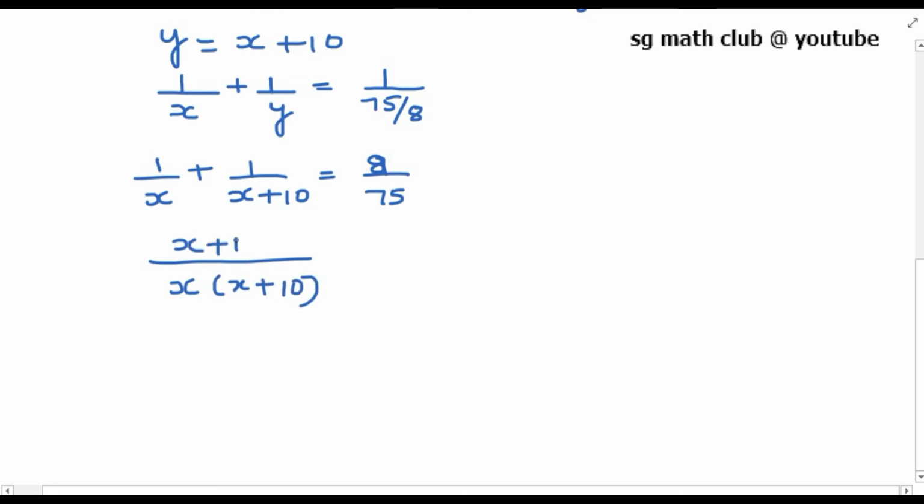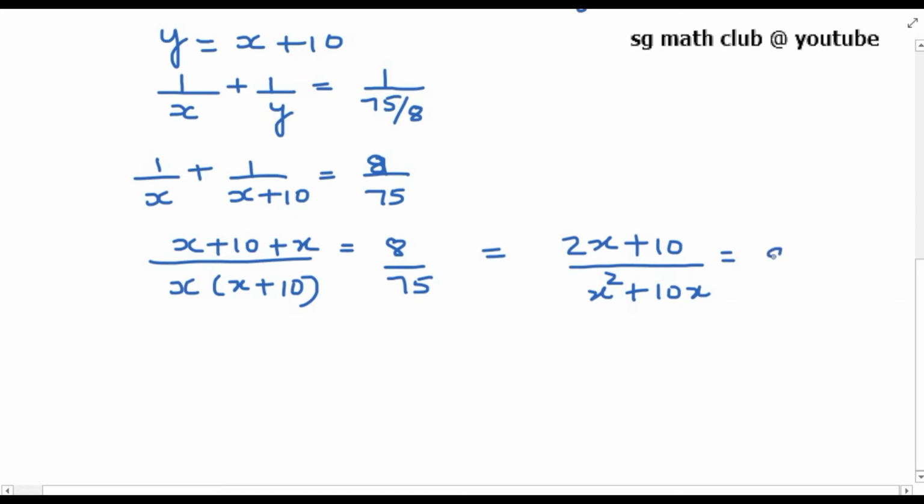So X plus 10 plus X, which is 2X plus 10, over X square plus 10X equal to 8 by 75. We have simplified. Now we will cross multiply.